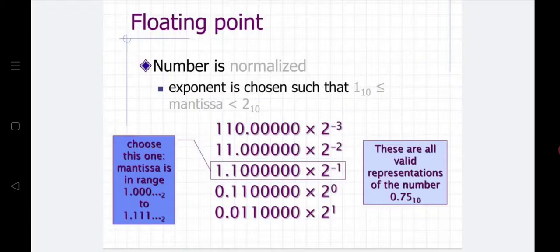All the rest of the digits you push towards the fractional part. Once again I am repeating: I need to move my binary point in such a way that in the integer part I have only a single 1, and all the remaining digits are thrown towards the right side, the fractional part.